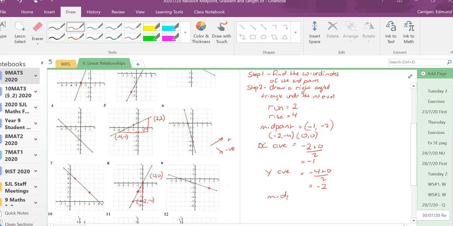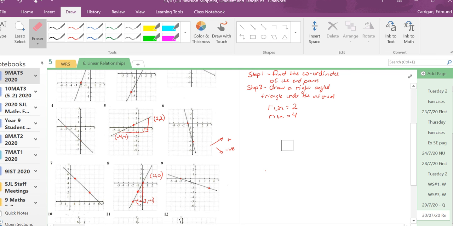Midpoint equals -1, -2. So that was our midpoint. Let's have a look at the other ones. What I'm going to do is leave the rise and the run there, because we can use that.